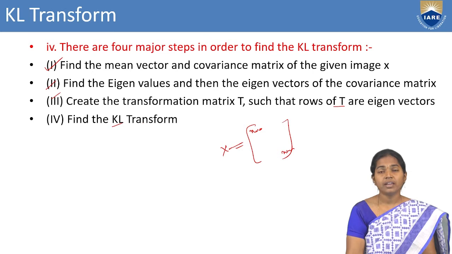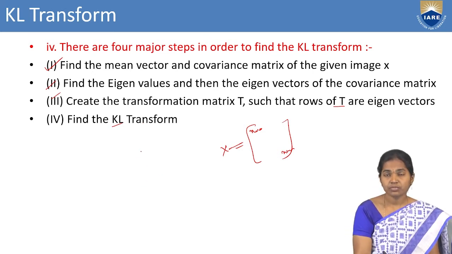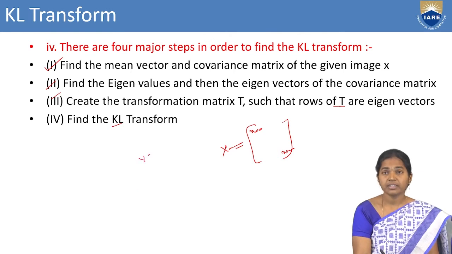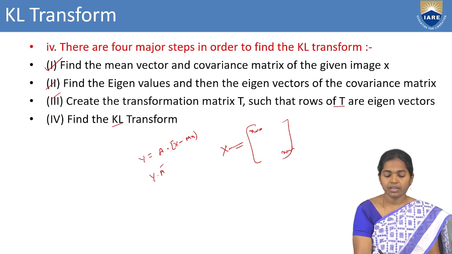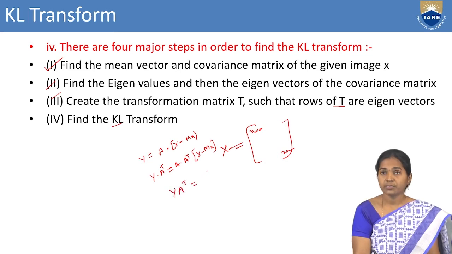So how to find the KL transform equation? Generally we represent y equals A into (x minus mx). Taking the transpose, A transpose A equals A into A transpose, which is 1, so y A transpose equals (x minus mx).